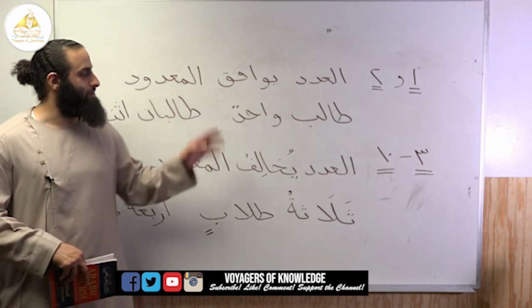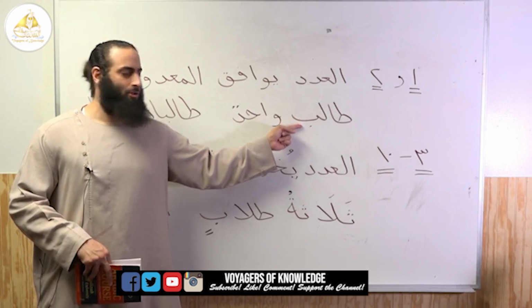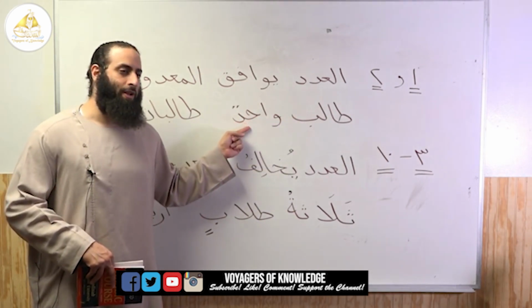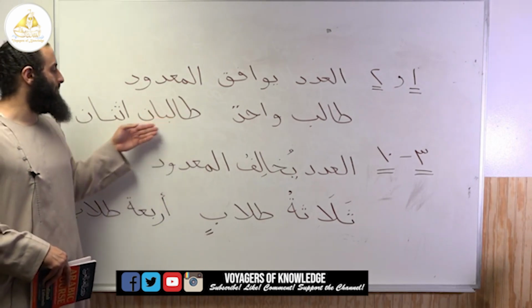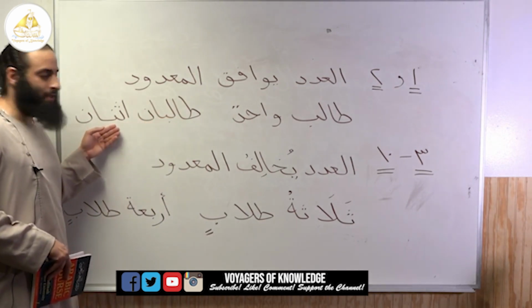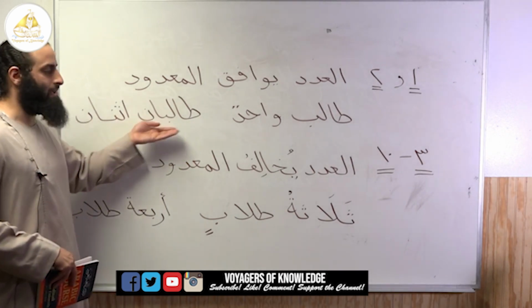You'll also notice that this is masculine and the number is also masculine. And if you look over here, talibani ithnani, right? It's for muthanna, and it is in the same form like earlier.